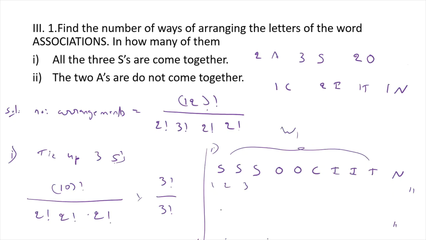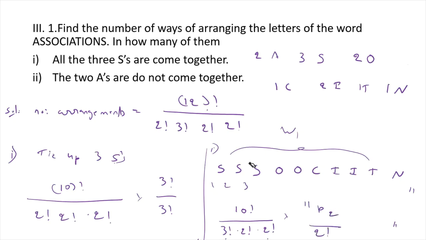So W1 can be performed in 10 factorial upon 3 factorial times 2 factorial times 2 factorial. And W2 can be performed in 11P2 ways. But those 2 A's are identical, so we have to divide it by 2 factorial. So these are the total number of arrangements in which no 2 A's come together.